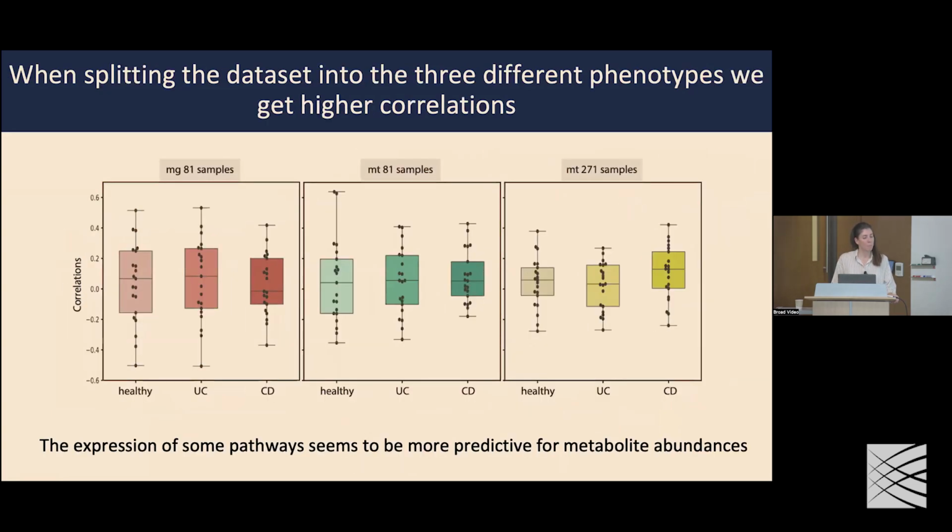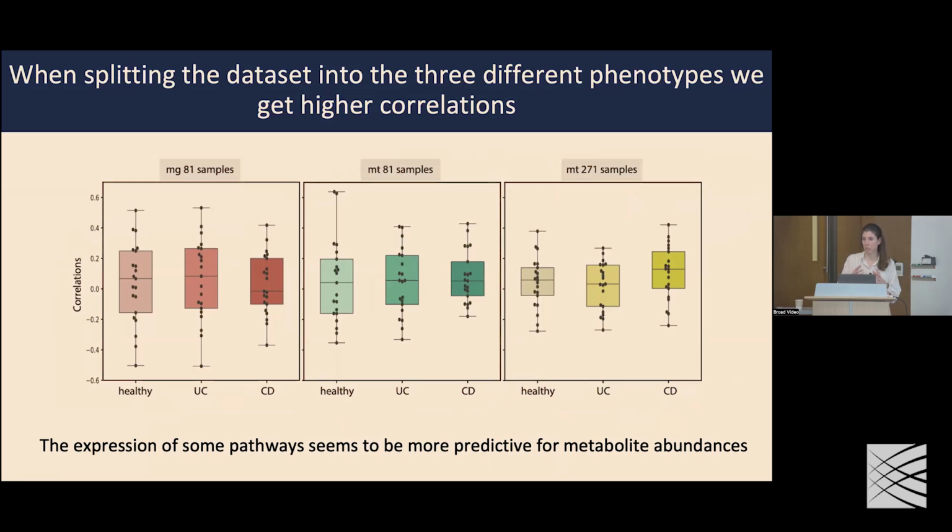Sorry. But actually, when we split the data set into the 3 different phenotypes that we could find, we got better results, and the correlations increased up to almost 0.60. So yeah, it seems that the phenotypes actually play a role in the correlation analysis.